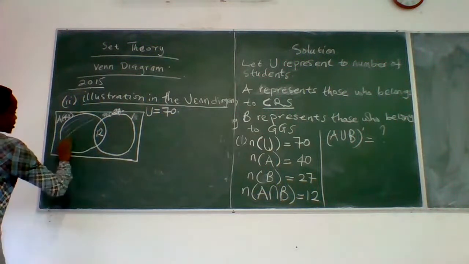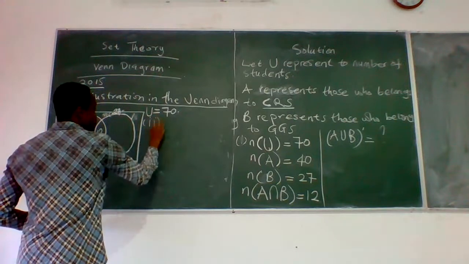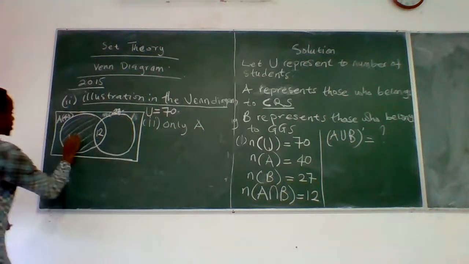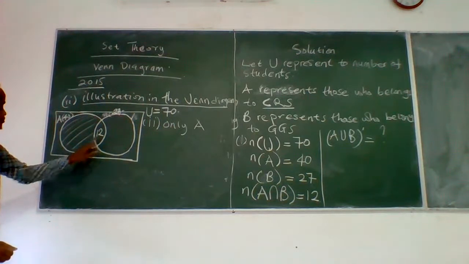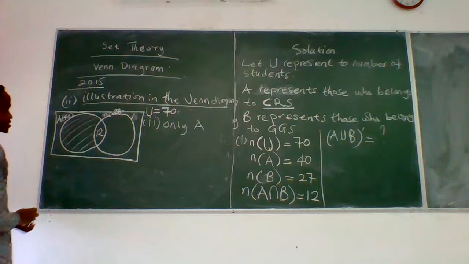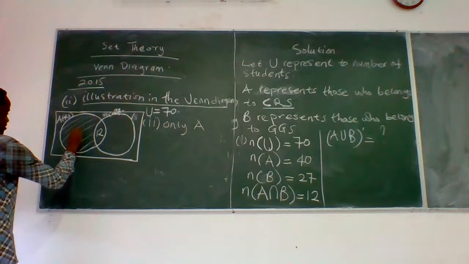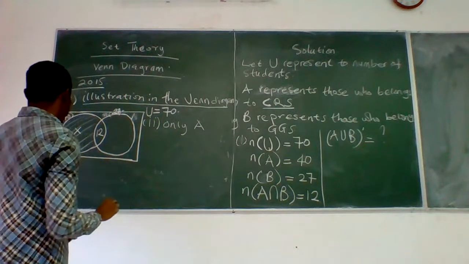We are considering only A. But what do you know about A? The total number of students in A is equal to 40, and we have this 12 here. So you can represent this portion with a variable. Let's say the total number of students reading only A is X.